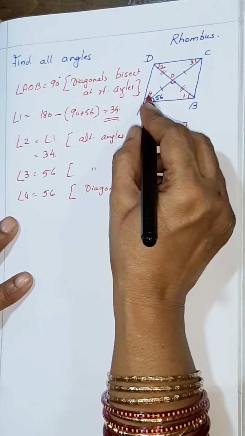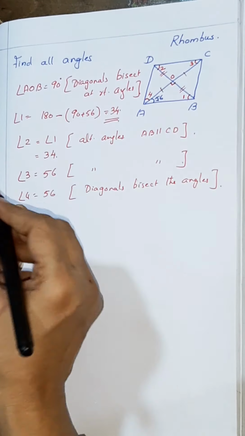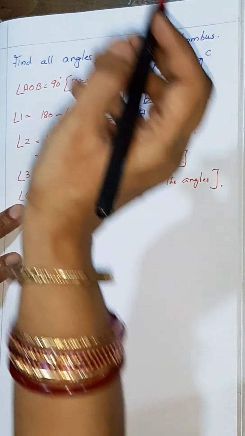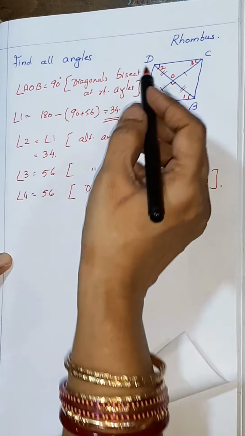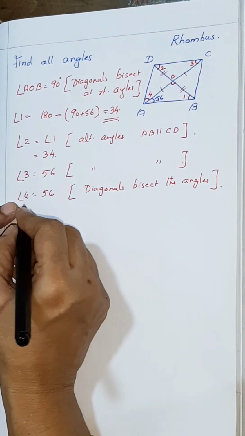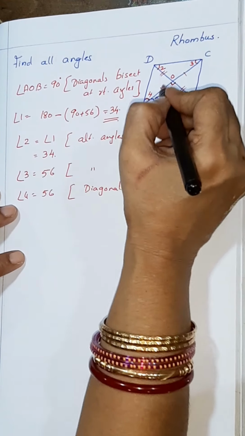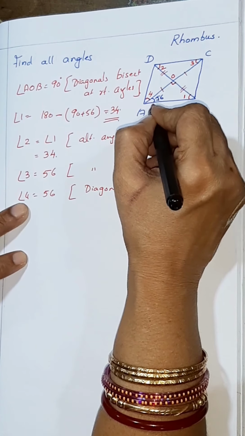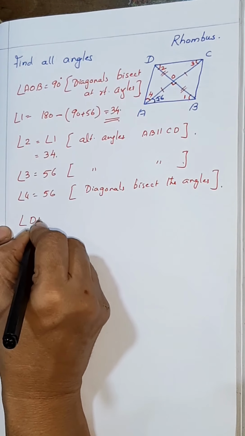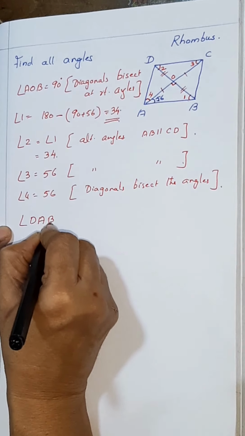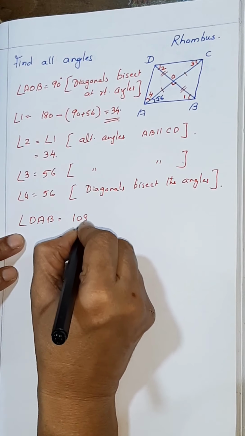So angle 4 will become 56. So this is one way. Another way of doing is, now we know angle 4 equal to 56 and this is 56. So together angle DAB is equal to 108.